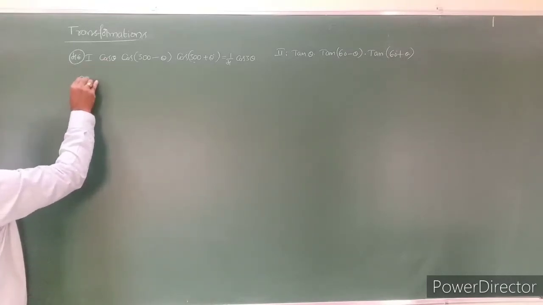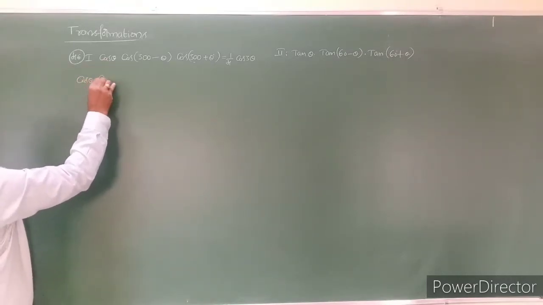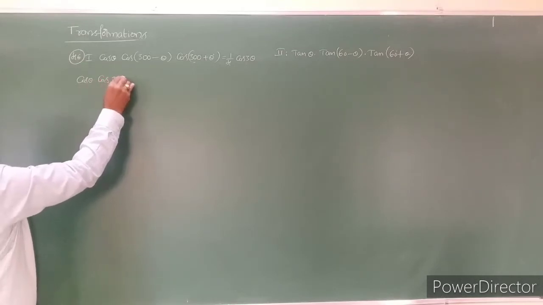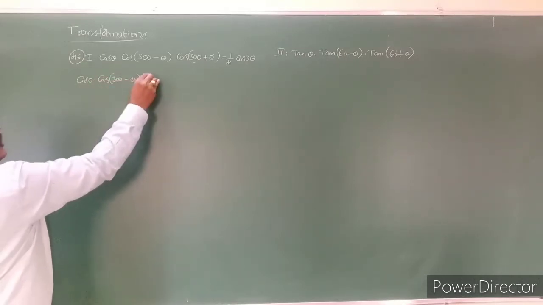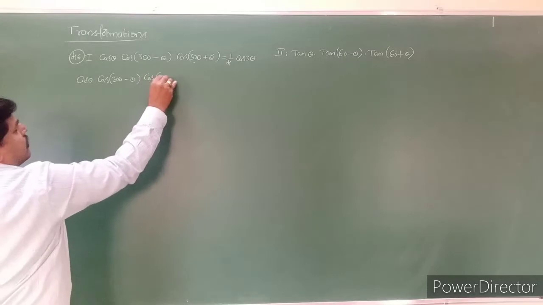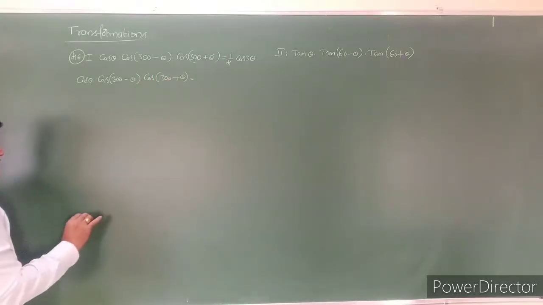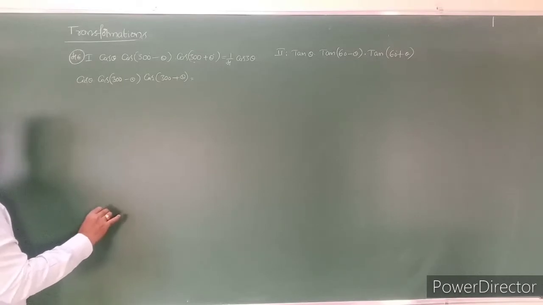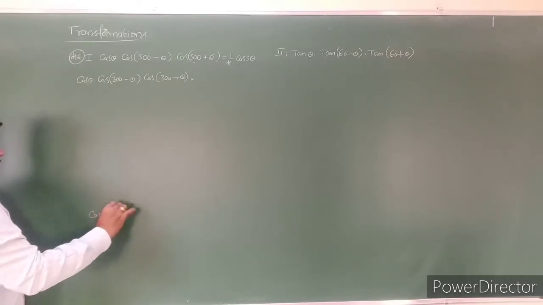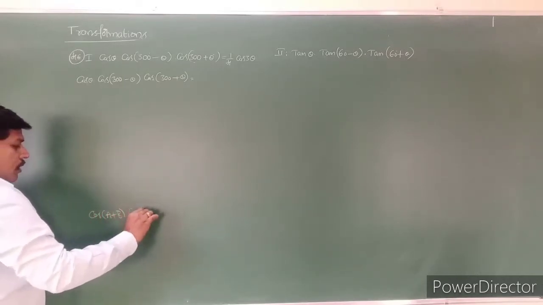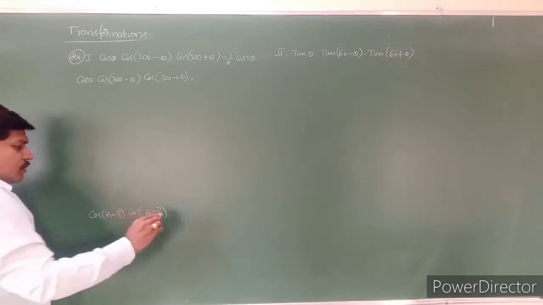So cos theta cos(300 minus theta) into cos(300 plus theta) is equal to. So you have the formula cos of (A plus B) into cos of (A minus B). You have two formulas.